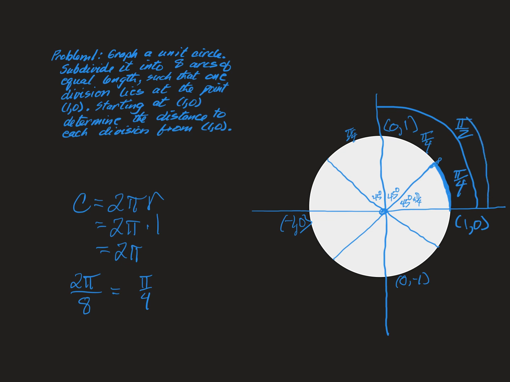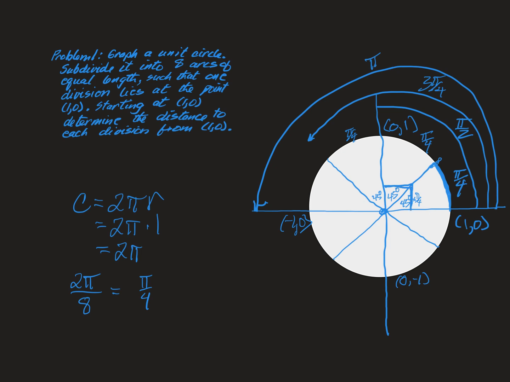The third one is going to be 3 pi over 4. The fourth distance is going to be 4 pi over 4, or just pi. So look at that. Can you do the rest of these and get all those distances? Now, what was this angle in radians? Do you remember?